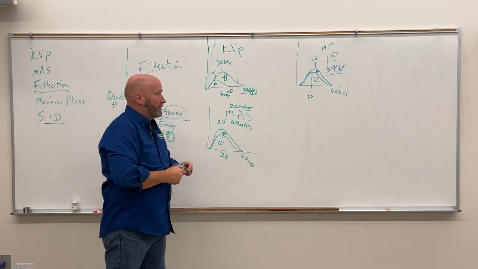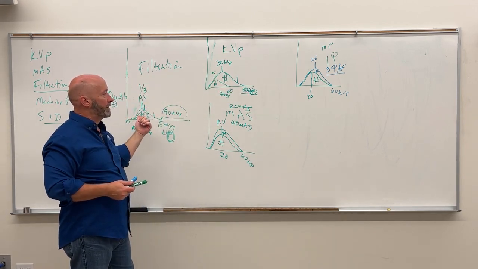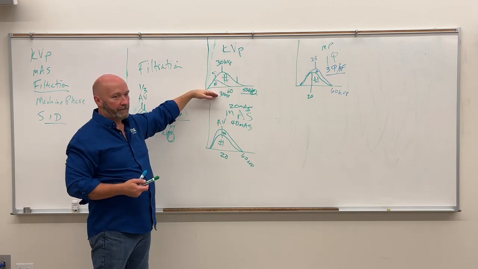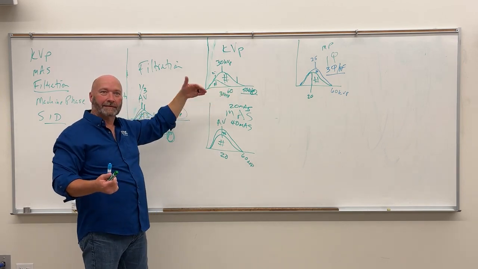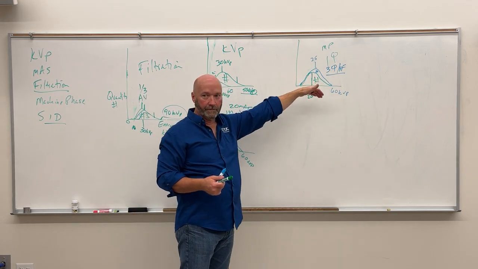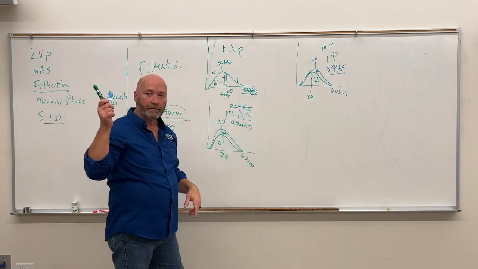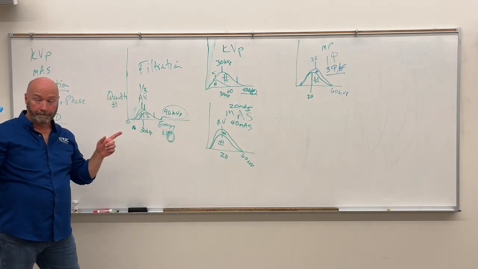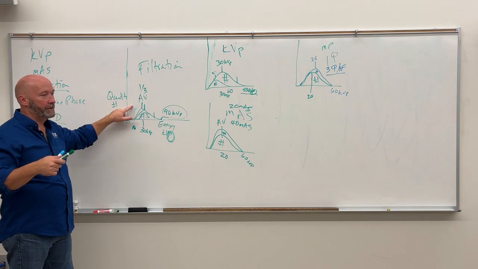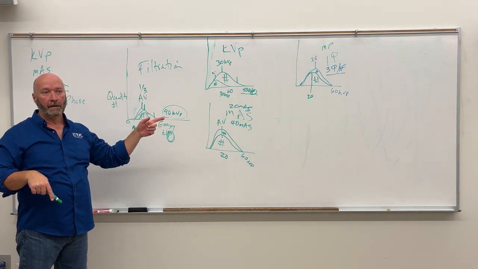So this is why I say you're going to have a tendency to confuse machine phase and filtration, because it's not as dramatic as kVp, and it kind of does the same thing, and that is that it changes our average and it changes our numbers. But notice, we go from single phase to three phase, our numbers go up and our average goes up, direct, right? But with filtration, our numbers go down and our average goes up, okay?